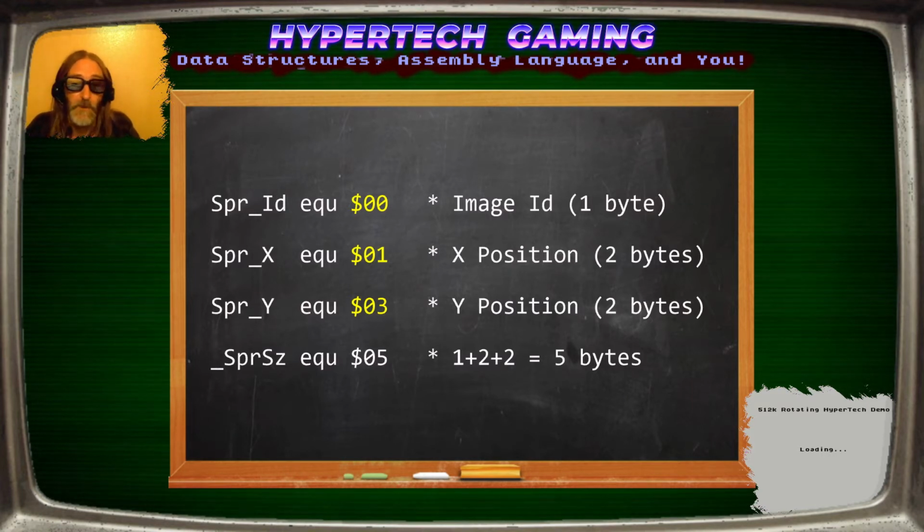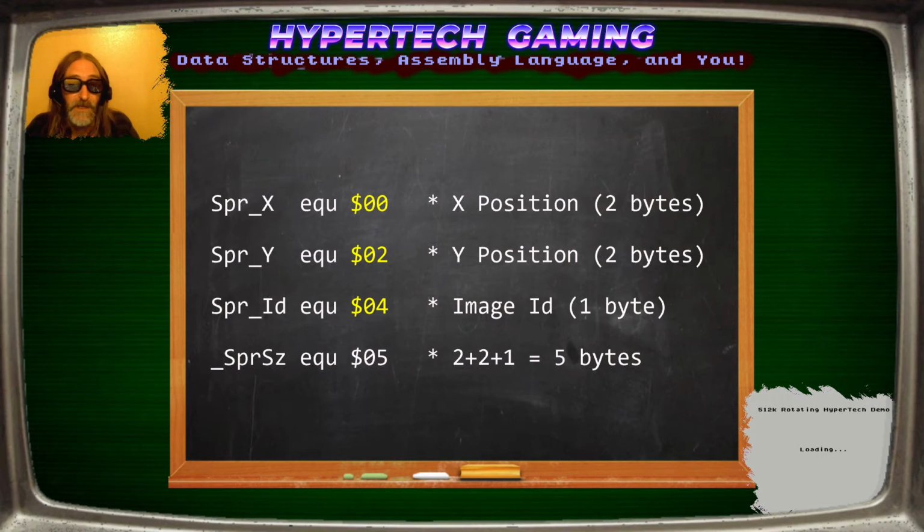So, for example, if we want to move the image identifier from the beginning to the end of the data structure, we have to update every single member except the structure size. That's not a whole lot here, but the larger your data structure becomes, the more tedious and error-prone updating it can be. And if you do this to several of them at the same time, you can certainly introduce problems.